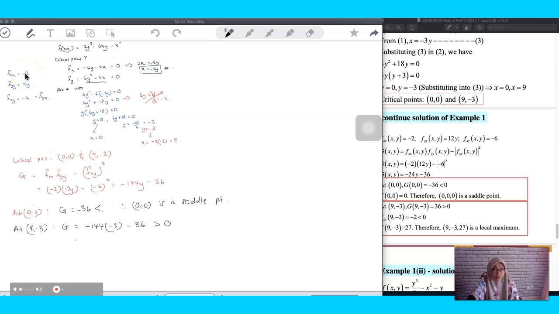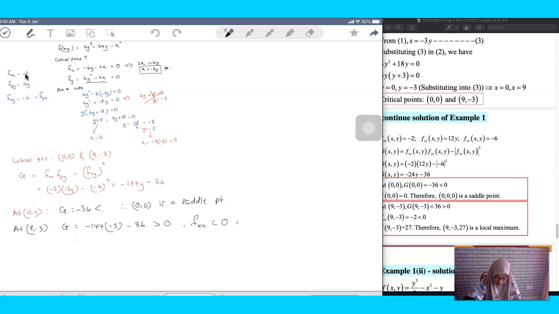fxx is negative. So if you feel bad, you feel upset, you feel sad. What is your expectation when you receive bad news? You will be sad, right? So when you feel sad, fxx here is negative.